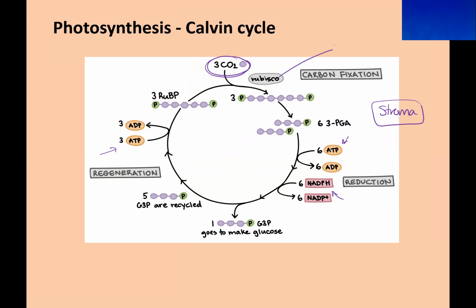And we have this super important enzyme, rubisco. Rubisco takes carbon dioxide from the air and puts it into an organic molecule. So rubisco binds CO2, the carbon from the air, to an organic molecule.